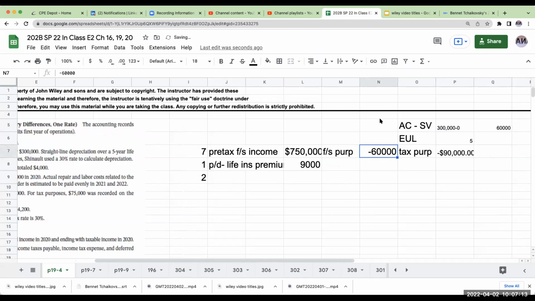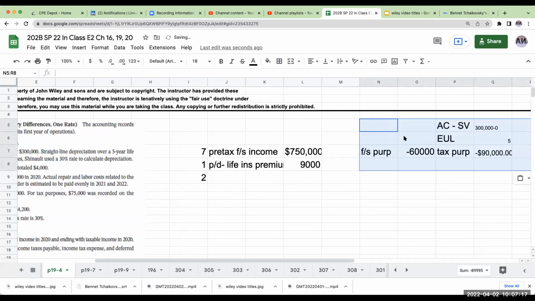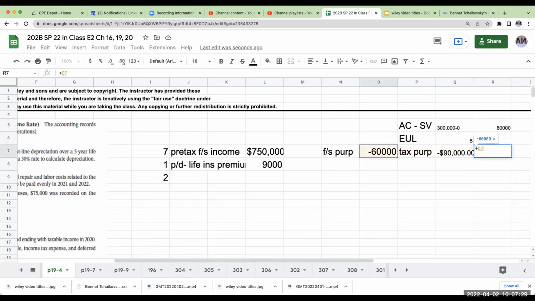For financial statement purposes, I deducted 60,000, but for tax purposes, I could have deducted another 30,000. So this difference is going to be 30,000.